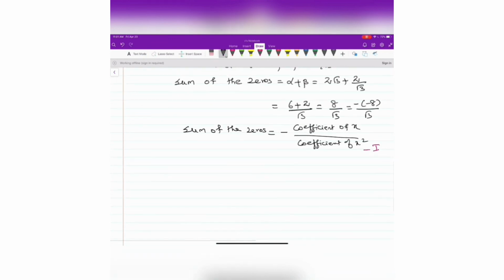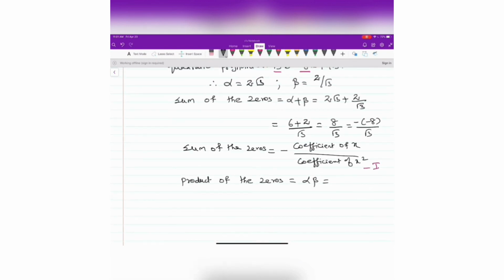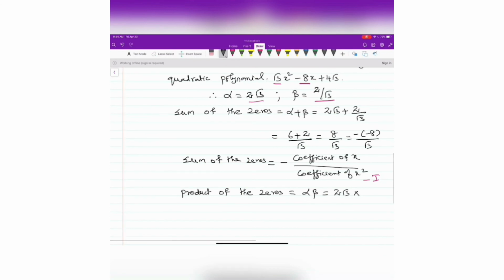Okay. What will happen to the product of zeros? Product of the zeros is equal to alpha beta is equal to, you know, alpha is 2 root 3. That's what we got. See, alpha is 2 root 3, beta is 2 by root 3. So let us substitute here 2 root 3 into 2 by root 3, which is equal to 4 root 3 by root 3.